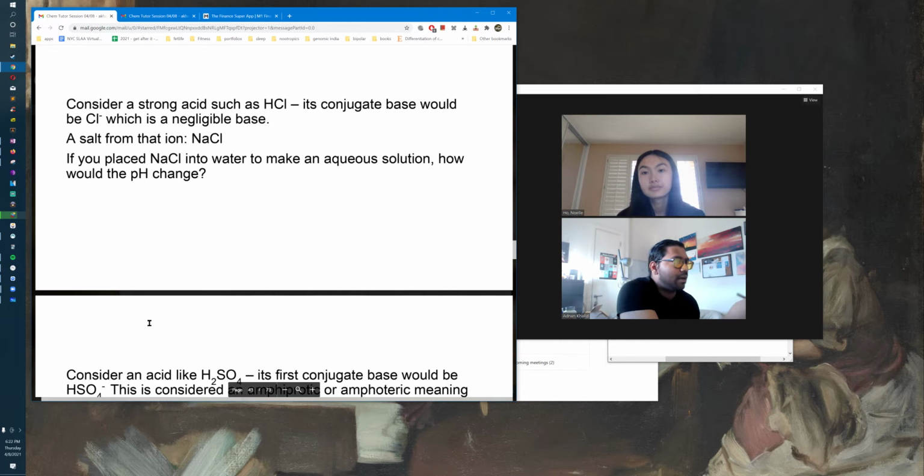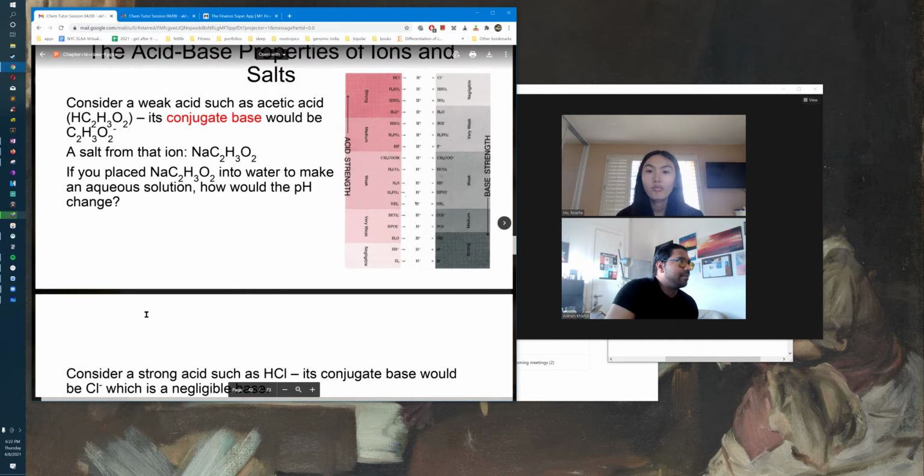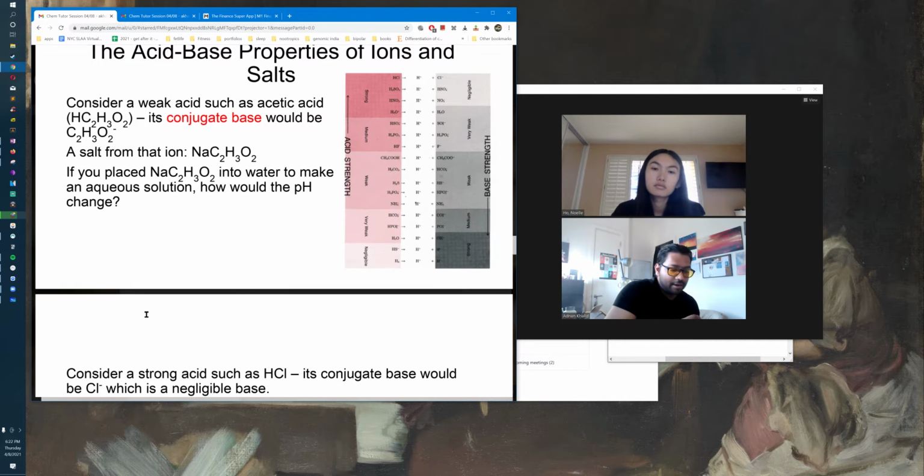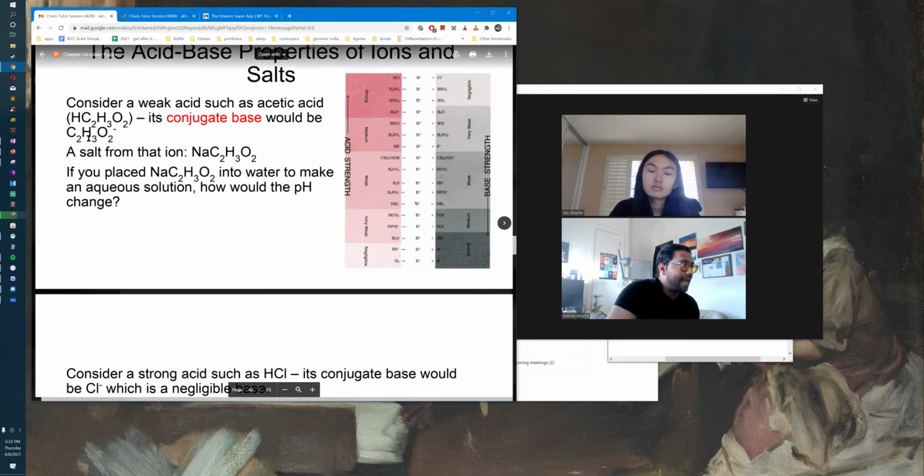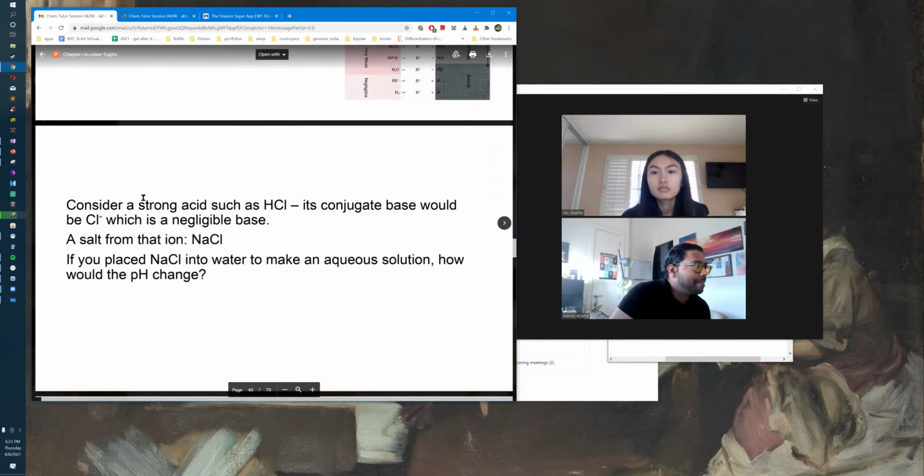Whereas for the acetic acid, since it's not completely dissociating, you're still going to have some acetic acid left, so the conjugate base is going to be able to deprotonate that some more.